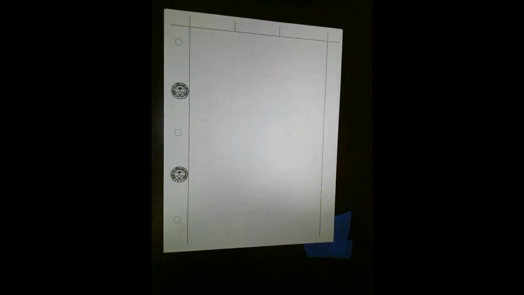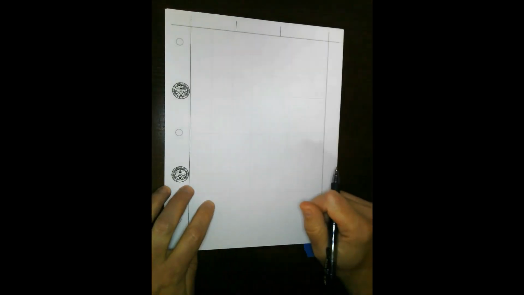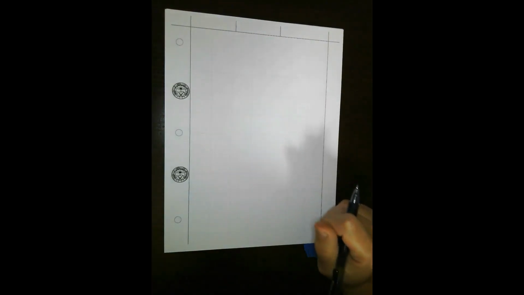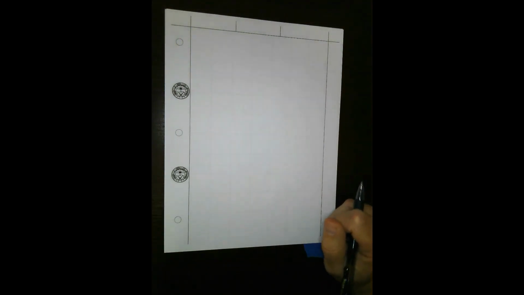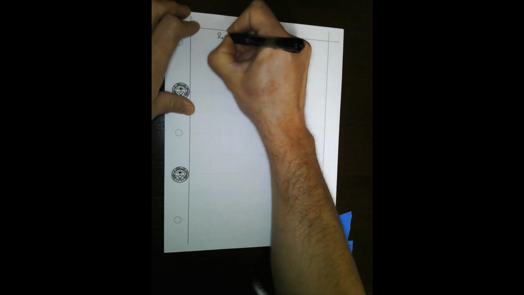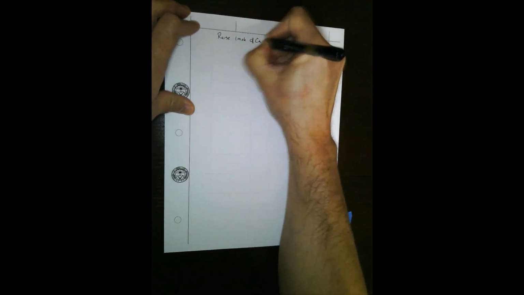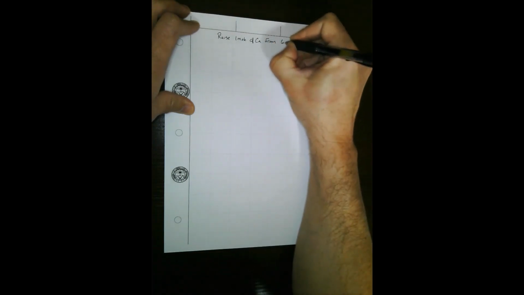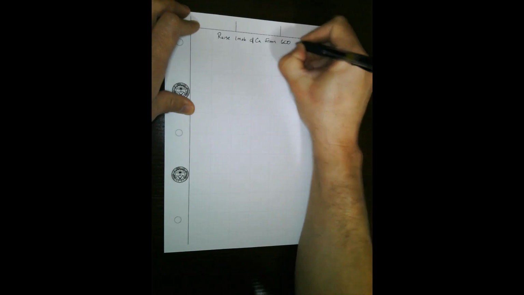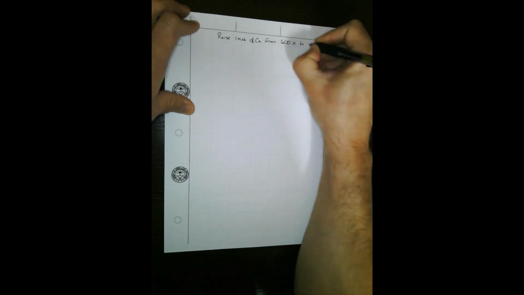All right, so we're doing a simple Kirchhoff's law problem here. We're raising 1 mole of calcium from 600 K to 1,000 K.